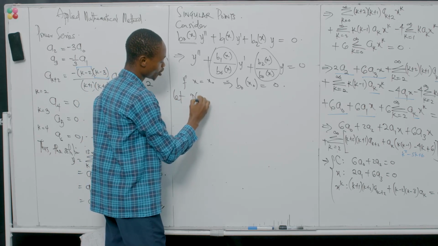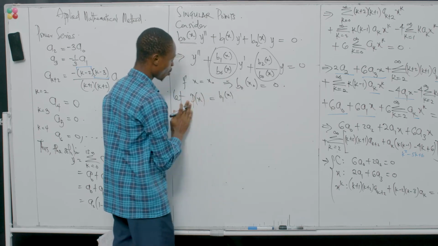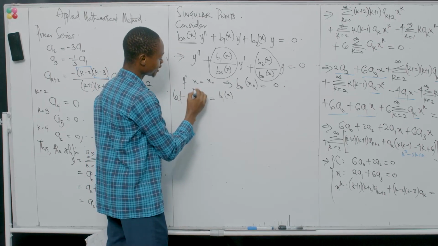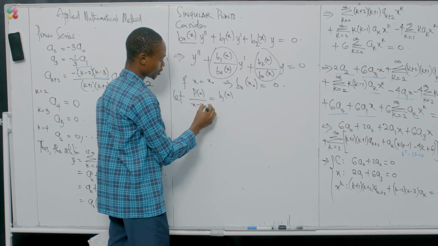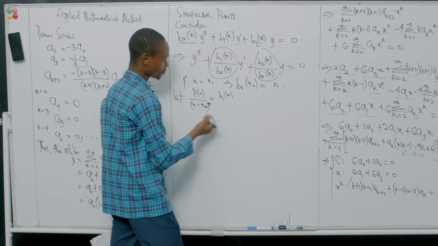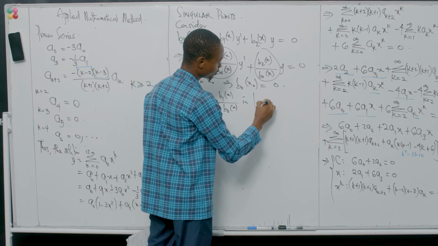let P of x be equal to the first fraction, or let me write it even better. That is P of x over x minus x naught raised to power m be equal to this in lowest terms.